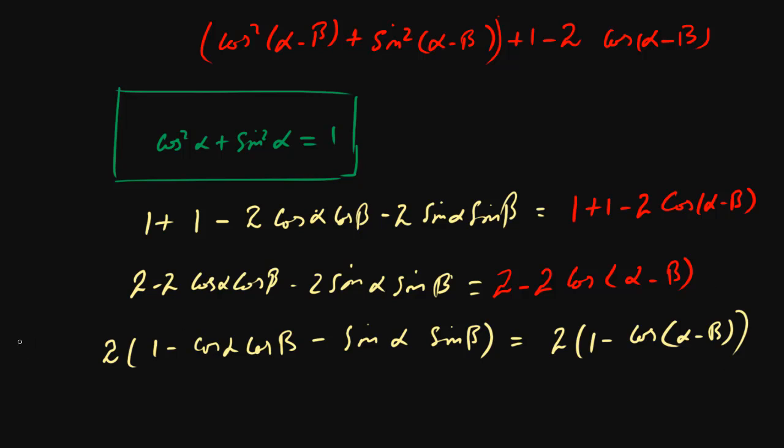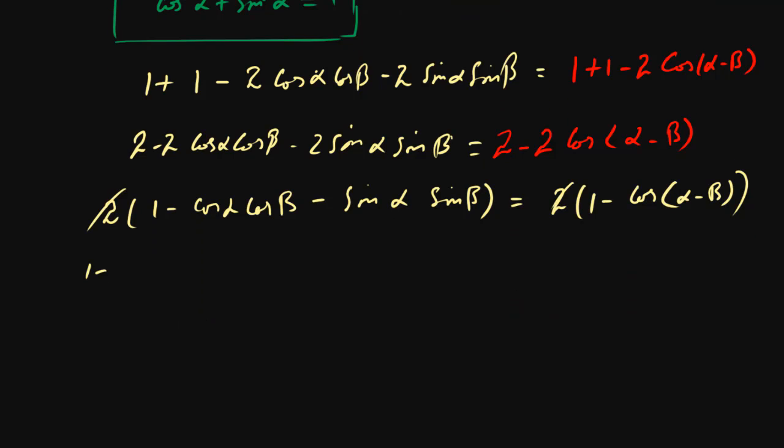Okay, now since these two will cancel with each other, we are going to write these like 1 minus cos of alpha and cos of beta minus sine of alpha and sine of beta, which is equal to 1 minus cos of alpha minus beta.